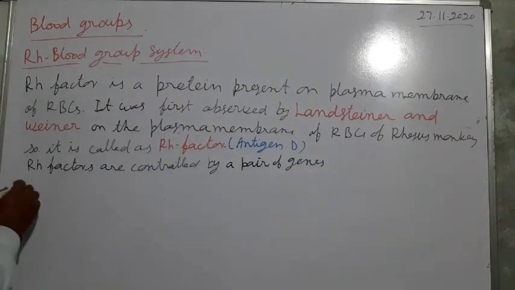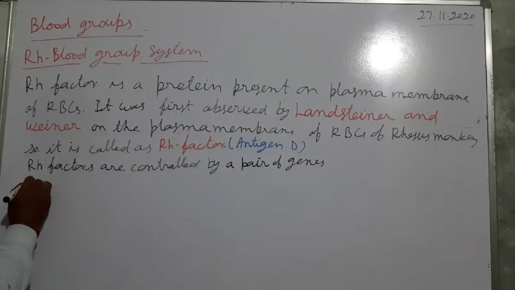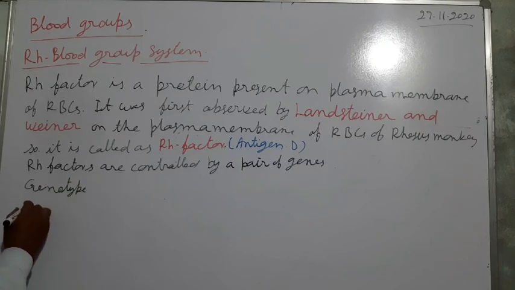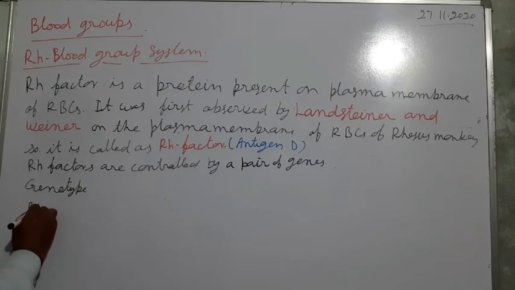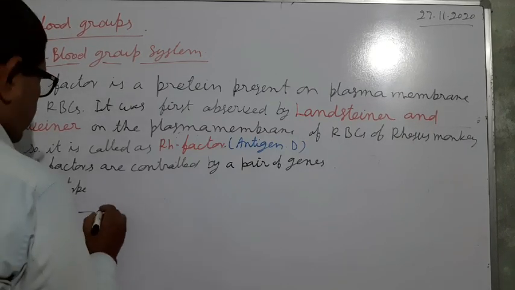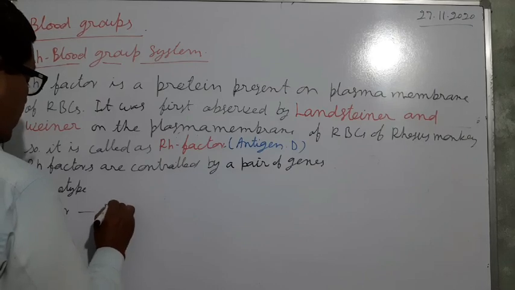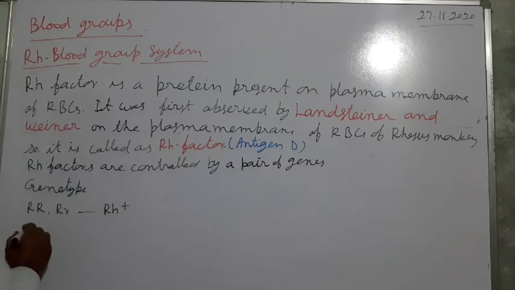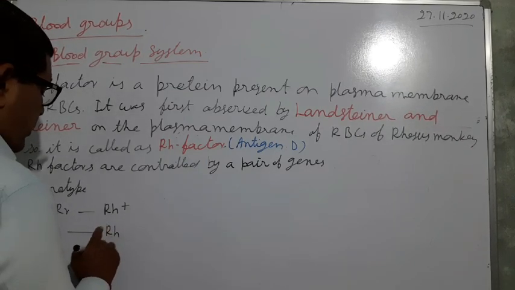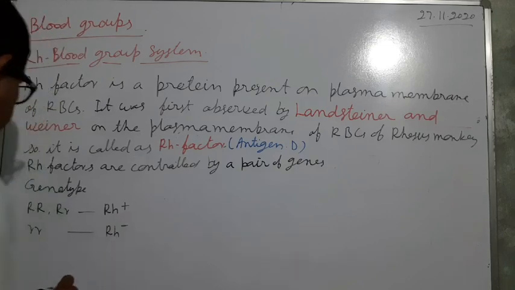A person having the genotype RR or Rr will be RH positive, and rr will be RH negative.